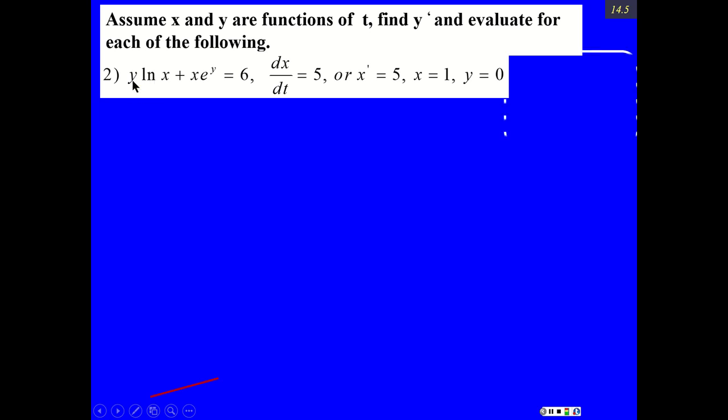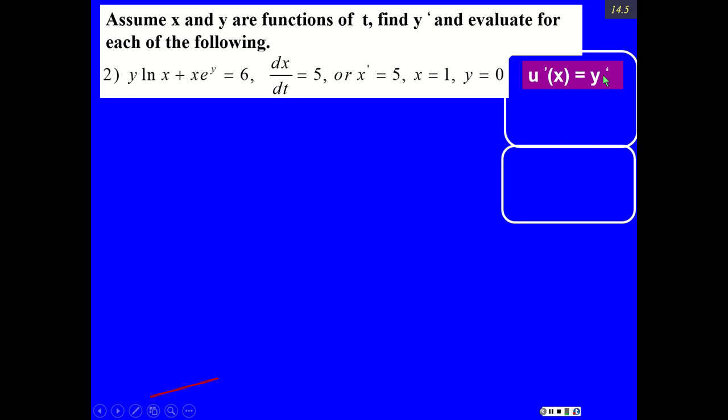Derivative of y is going to be y prime. Derivative of natural log of x, remember, derivative of any natural log is going to be derivative of this over carbon copy of this. Derivative of x is x prime over x.